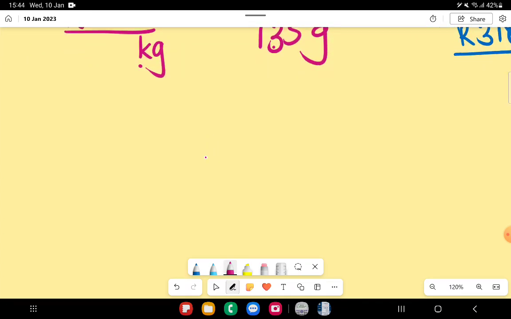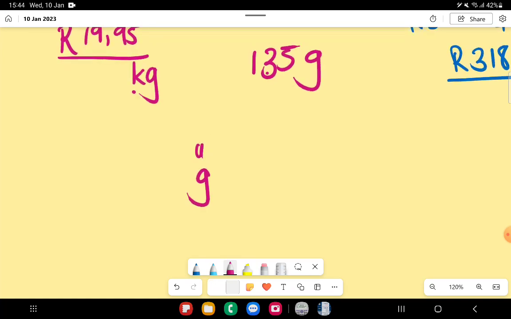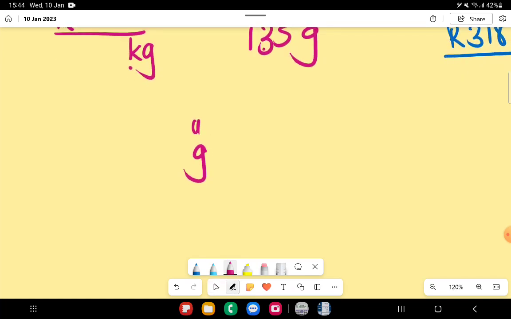So when you do your conversions, you start with your unit. This can be grams, it can be liters, it can be meters. It doesn't matter what the unit is. This is your base unit. In this instance, we're using grams. If you are going to the right, if you are cutting up into smaller pieces, you are going to go centigrams, decigrams, and milligrams.